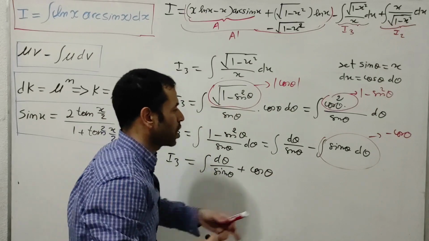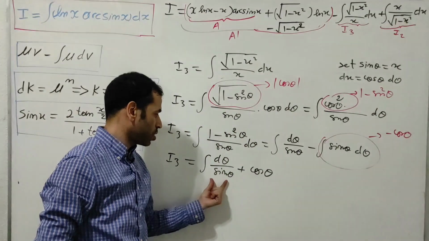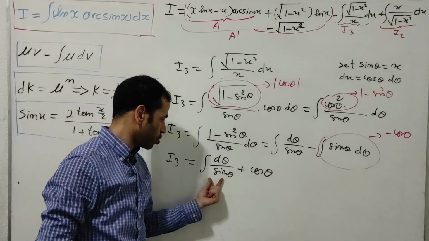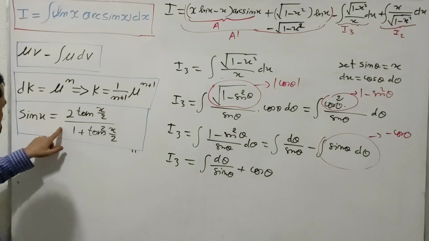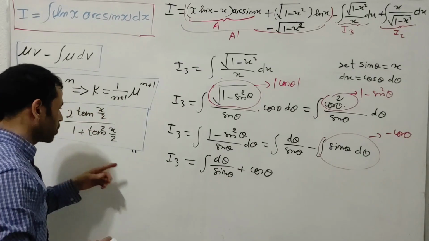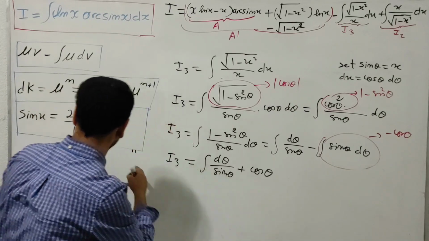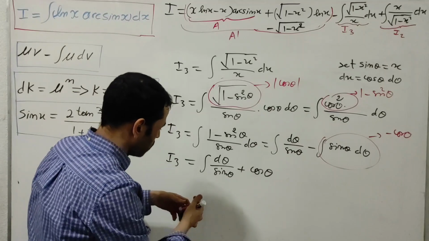Okay, this one is already calculated. So I need to calculate this term. This one is tricky. We are going to use a trick in order to find out this one. So now I'm going to use the third tool, this one. I'm simply going to replace sine theta by this term, but I'm taking the inverse of this one.